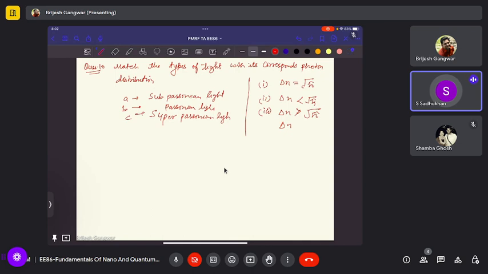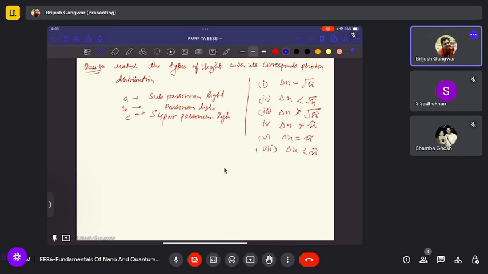Okay, 3 will be C, option 2 will be A, and 1 will be B. So option A will be option 2, so delta n should be less than root n bar.